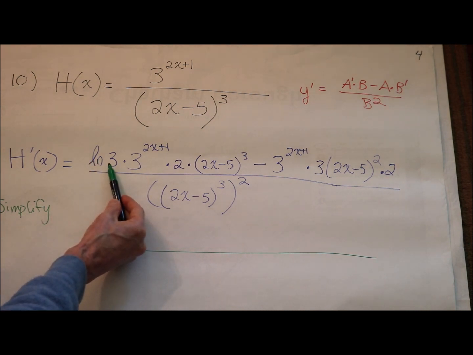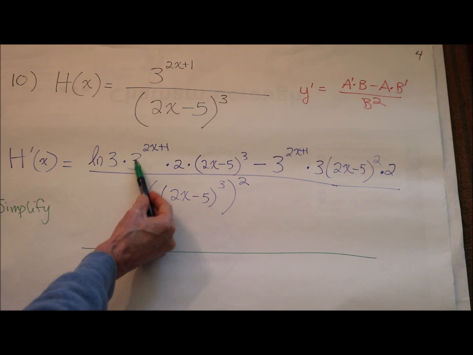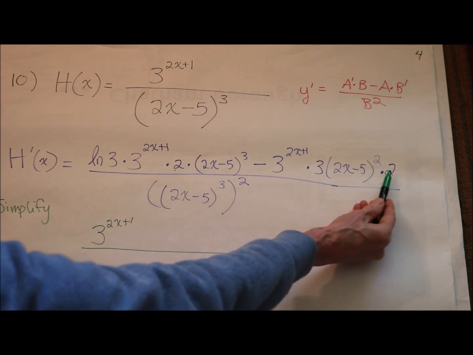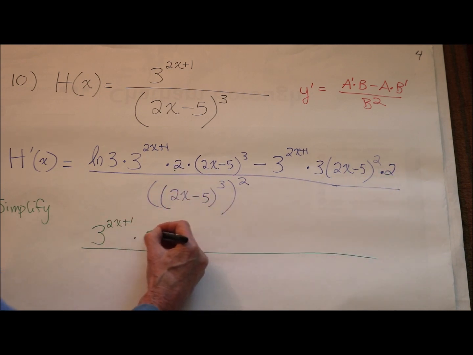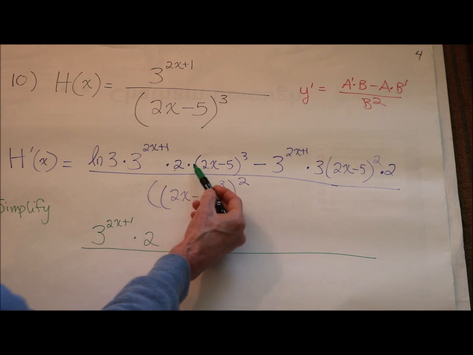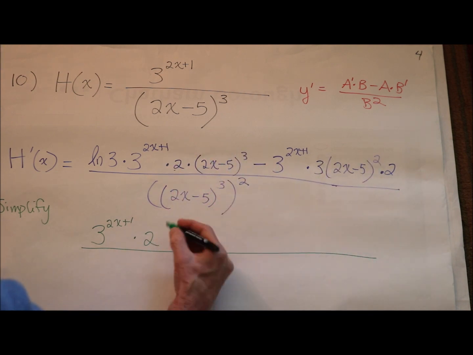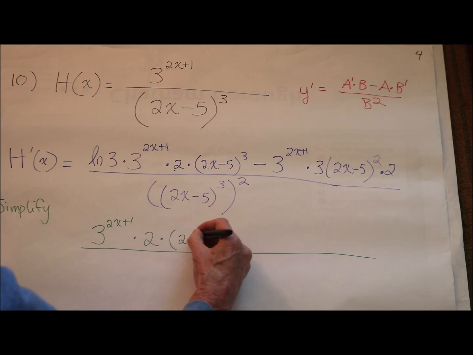Natural log of 3 is not in both pieces. 3 raised to the 2x plus 1, that's going to be part of my GCF. 2, there's a 2 in both, so that's going to be part of my GCF. 2x minus 5 to the 3rd, I can take out 2x minus 5 squared.